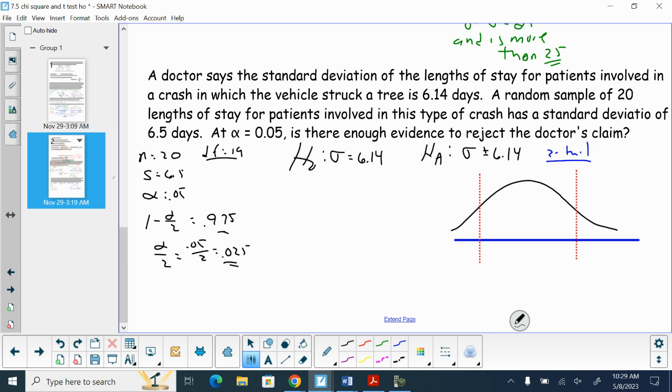So we look up those two values in our chi-square table. Go ahead and look them up, find your critical values.